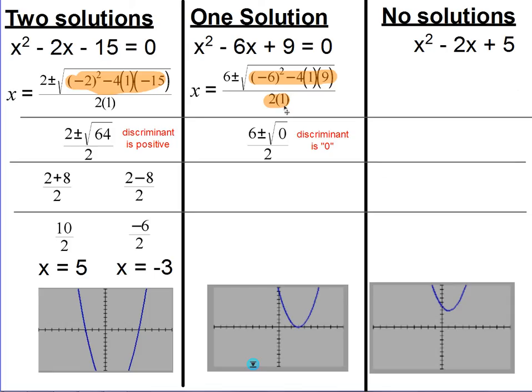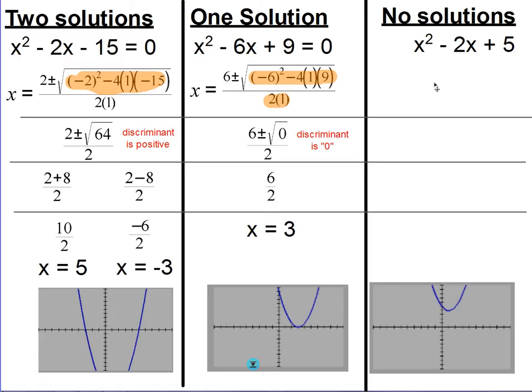Now this time my discriminant, when I simplify everything in here, I get a 0. So that tells me I'm only going to have one solution. So I'm just going to have 6 over 2 because the square root is 0. And 6 divided by 2 is 3. Nice, it's one line less work. And if I look at the graph, I see that the parabola touches the x-axis once at its vertex.